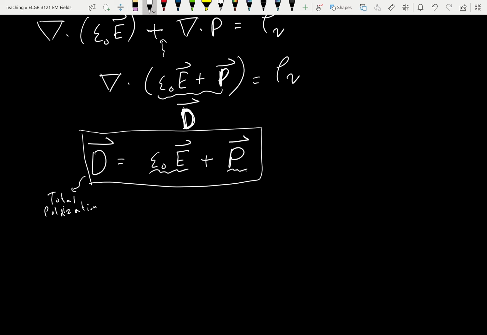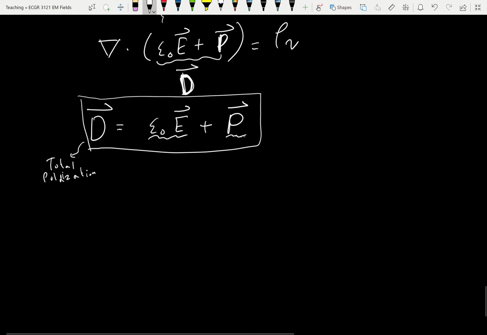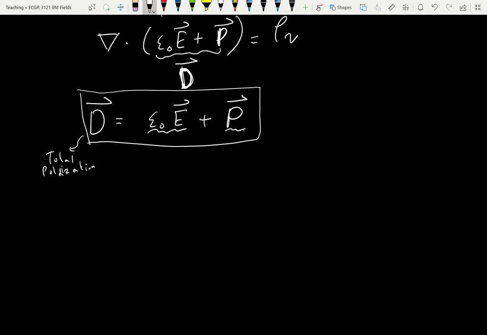Okay, so we could end the story here and just, for different materials, say that there's a certain P, but that's still not very intuitive and hard to utilize, because the story doesn't end there, because P really is a function of E, right? Intuitively, if you have a stronger electric field intensity, you have more polarization. The question is, how is P a function of E in the material, right?